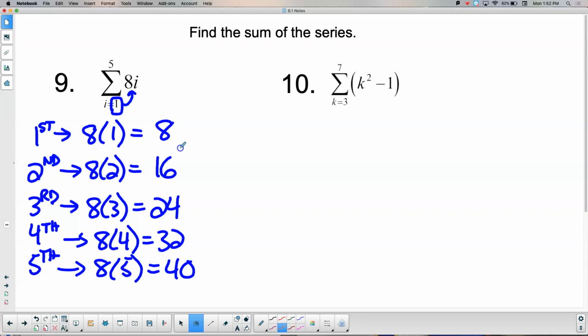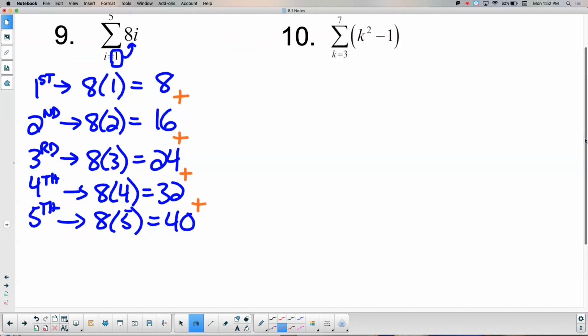Summation says I have to add all of these numbers together. And I get 120.